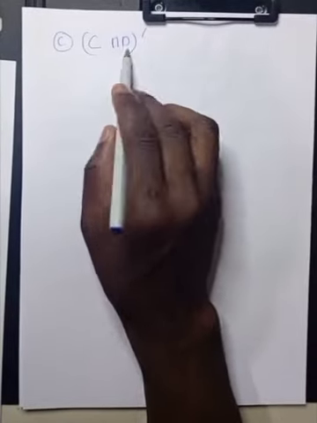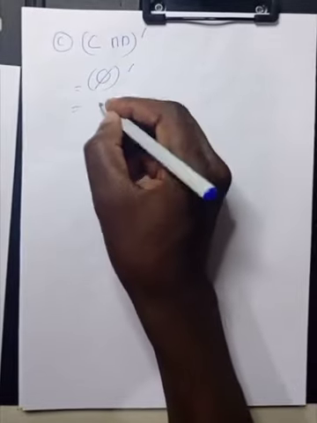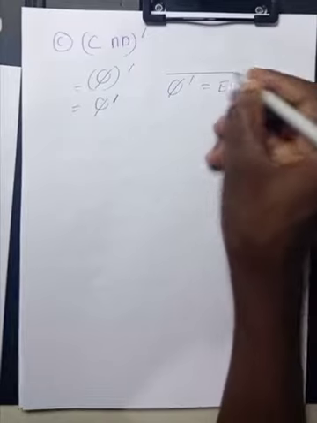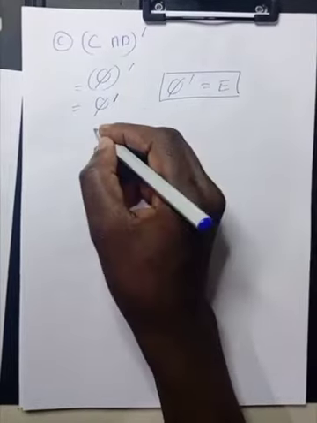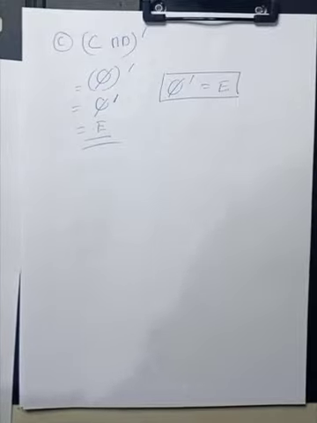So the intersection between C and D is the empty set, then brackets there. So the complement can come inside that way. And we know that the empty set complement is basically the universal set. So this one you can get, it is E. We end there. Very simple stuff.